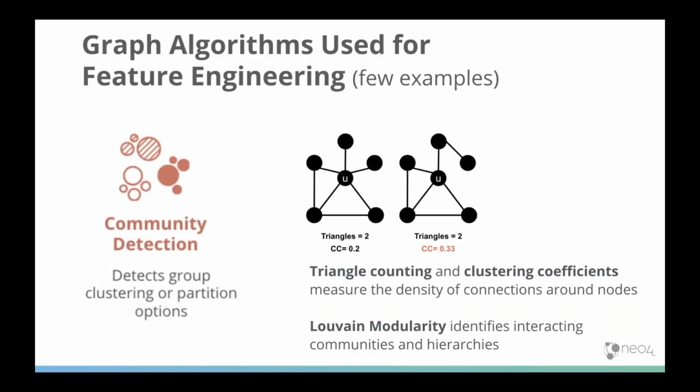Clustering coefficient looks at the total number of relationships for U versus the number of triangles, and it basically is a probability that two people in your network will be connected. So on the left, U's neighbors have a 20% chance of being connected.